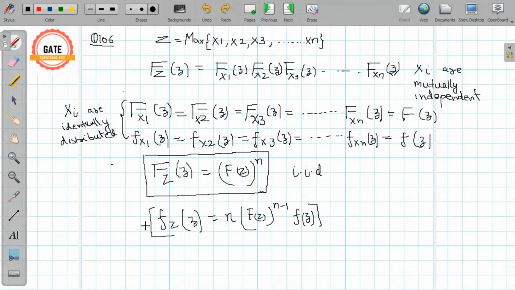So this is the expression for the PDF of Z for Z equal to maximum of X1, X2 up to Xn, where all these random variables are i.i.d. These two results we will be using in future in solving a lot of numericals, and in this question we will be using this formula. So let's see how to solve this question using this formula.